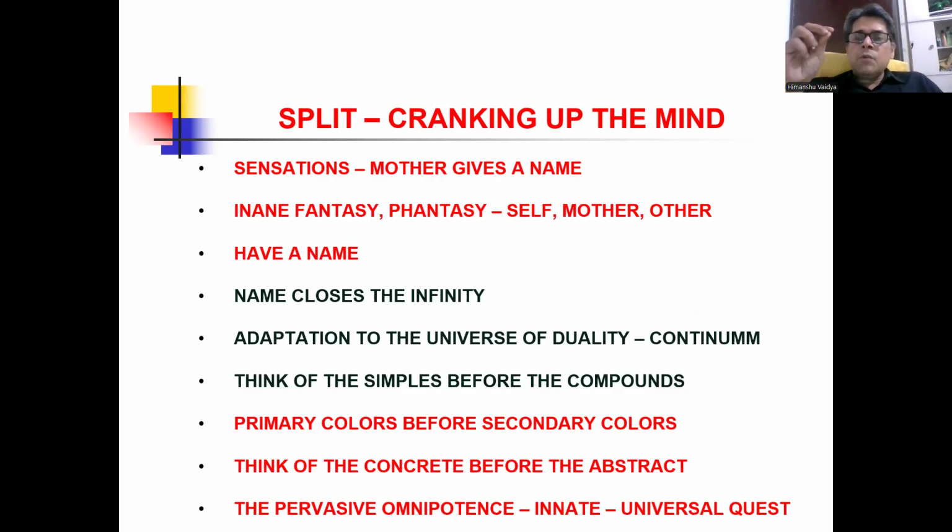So this giving the name to close the infinity, not necessarily to erase the infinity, but to close the infinity in the sense of too many different overwhelming sensations, unfocused on any object, that comes to a close, although the experience of omnipotence, where the omnipotence is focused on one object, that still remains. So the name closes the infinity.